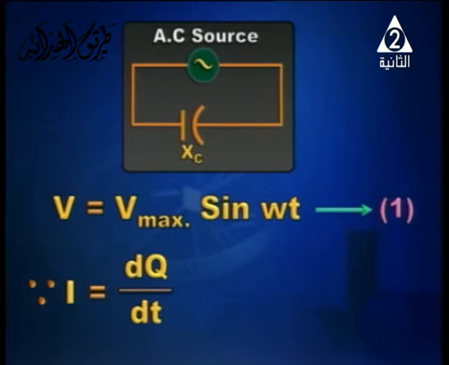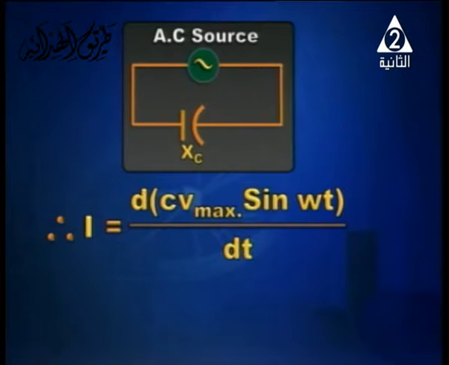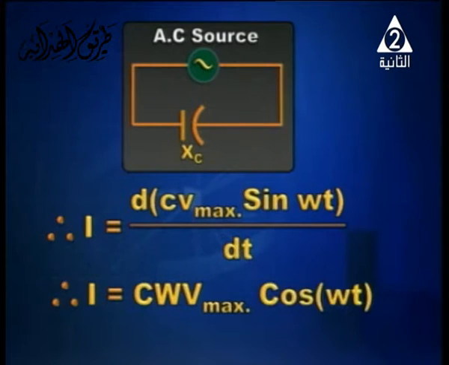And the current is given from dQ over dt. Since I is given by dQ over dt, substituting for Q, it is d by dt of C V maximum sine omega t. So I equals C omega V maximum cosine omega t.